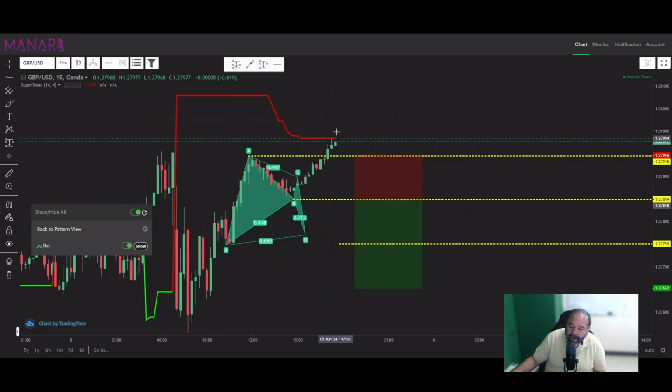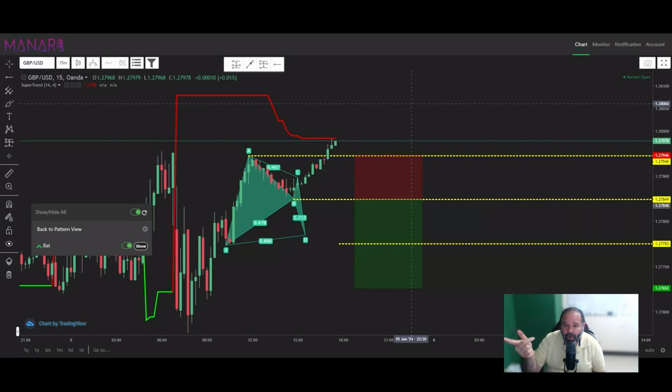If the price crosses the super trend, then the super trend is going to become green on the first candle that crosses. But if another candle confirms that trend change, then the trade is deleted, it's canceled.